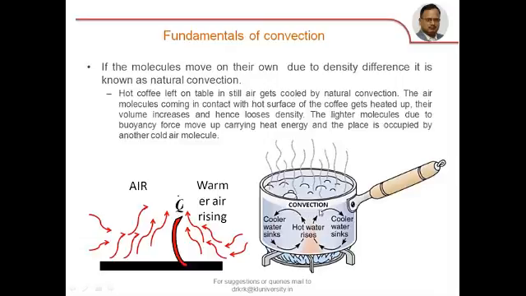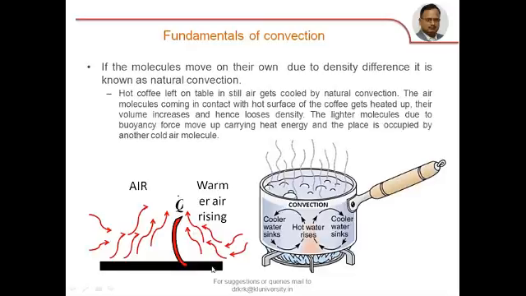Again they lose heat, they will come back, they touch the surface, again they absorb heat and they move up, and that circulation goes on. This mode of transfer of heat energy by means of motion of the molecules carrying heat from high temperature zone to low temperature zone is known as convection.